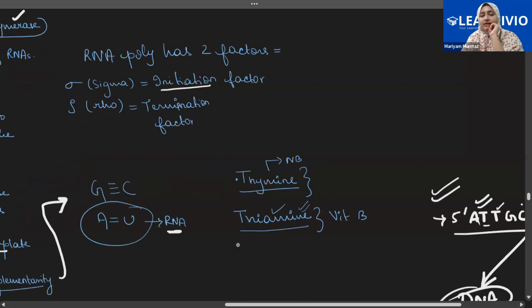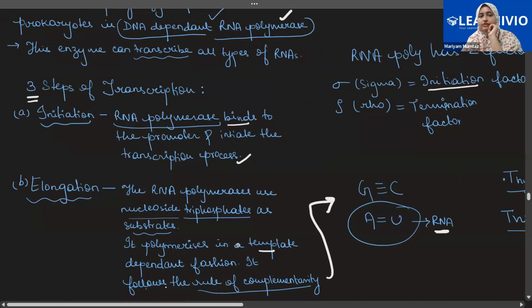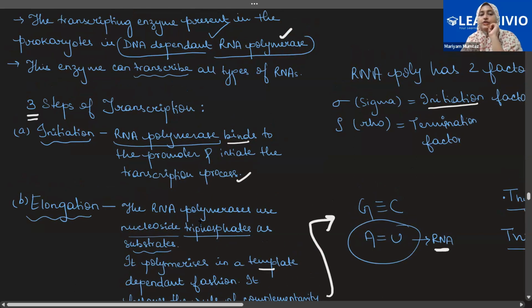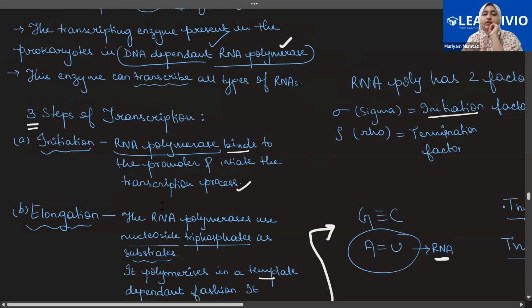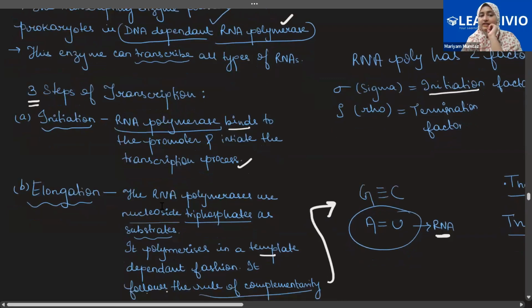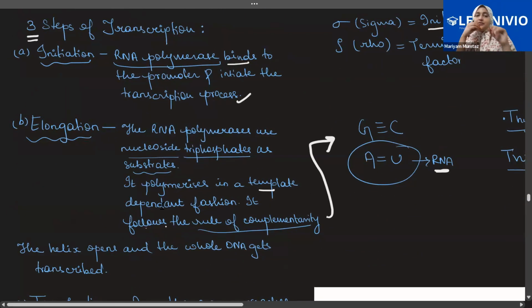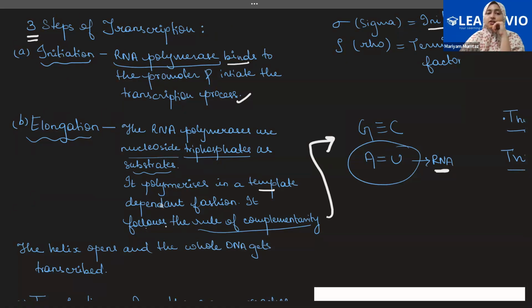Now, apart from that, let's come to the process of transcription. Transcription takes place in 3 steps. These steps are the same in prokaryotes as well as eukaryotic organisms. Talking about initiation, the RNA polymerase binds to the promoter and initiates the transcription process.